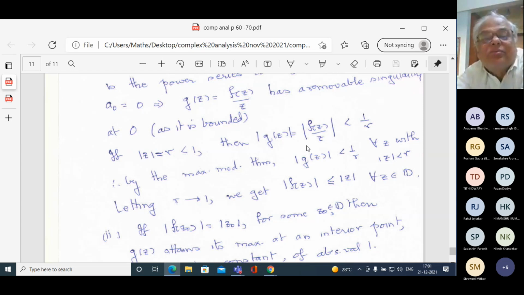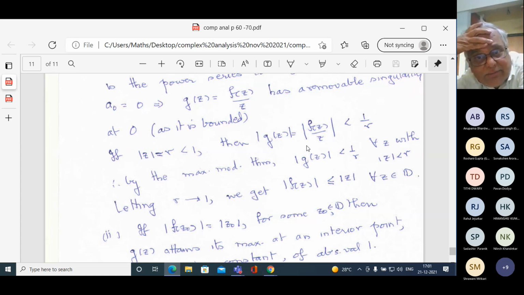So you look at this region |z| equal to r, and you suppose that r is greater than half, okay? I'm interested in what happens when r tends to 1. I'm not interested in what happens as r tends to 0, okay? Even when r tends to 0, g(z) is going to be bounded, but that is not what I'm interested in. So you take r greater than half.